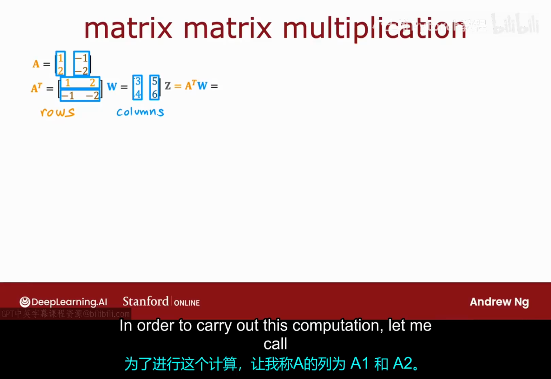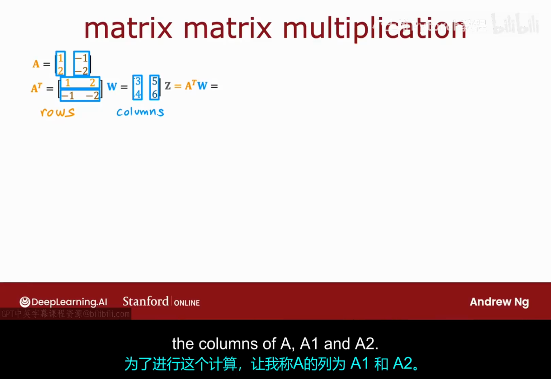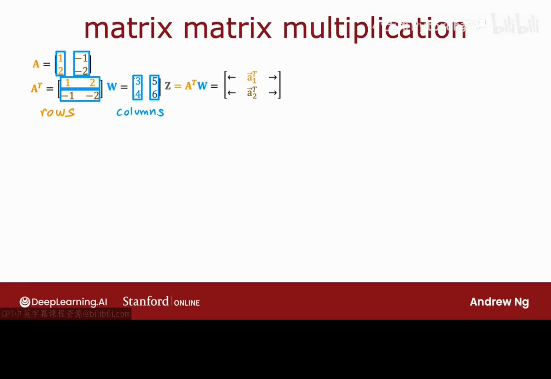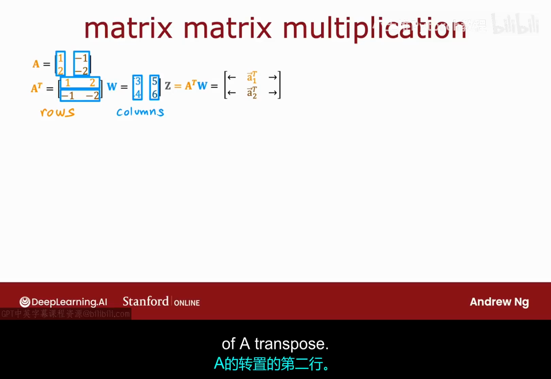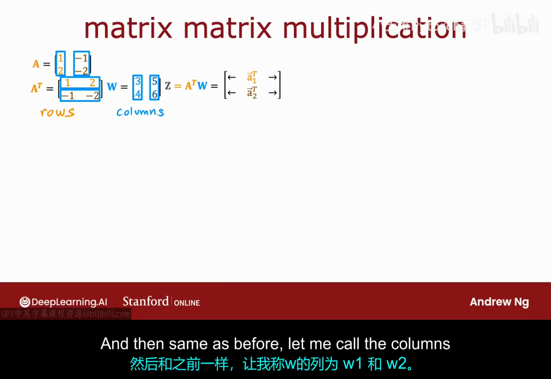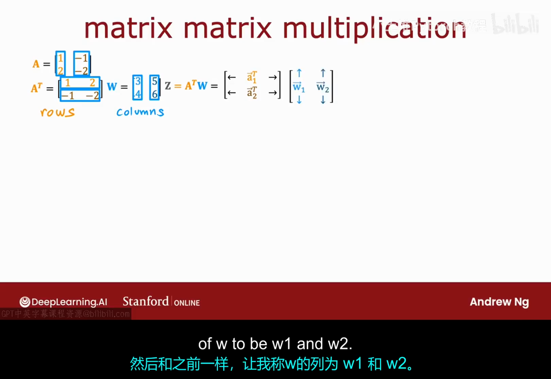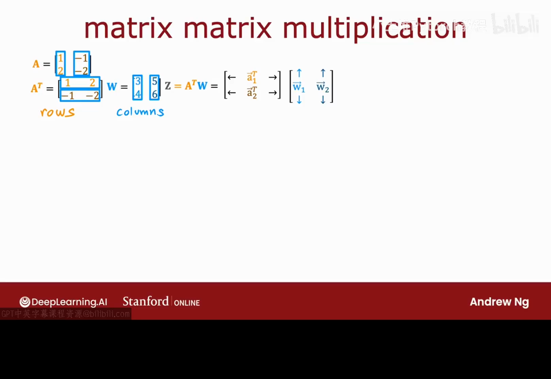In order to carry out this computation, let me call the columns of A, A1 and A2. And that means that A1 transpose is the first row of A transpose, and A2 transpose is the second row of A transpose. And then same as before, let me call the columns of W to be W1 and W2.